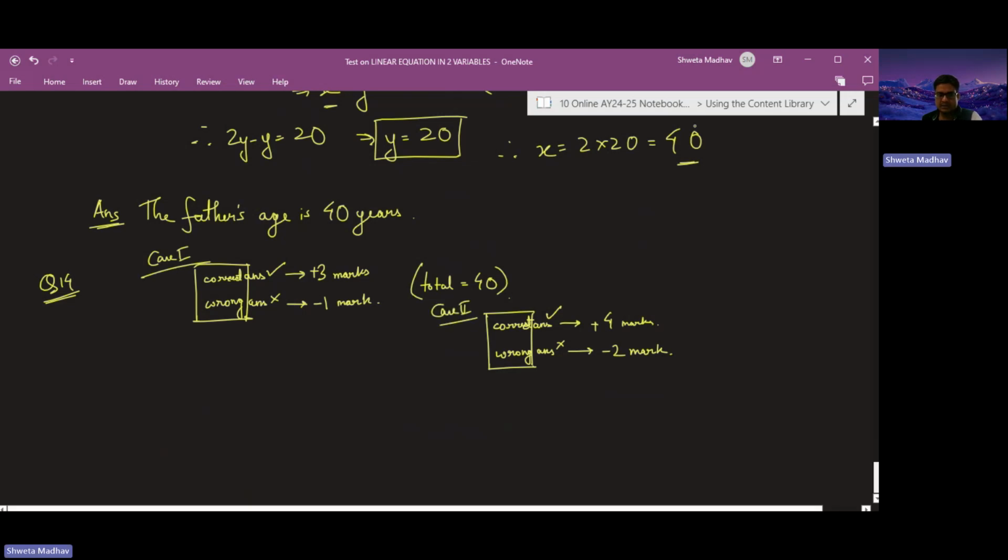So in the second case, his total score will be 50, and in the first case, his total score will be 40. Then how many questions were there in the test?